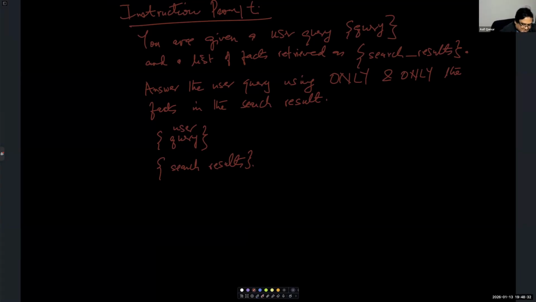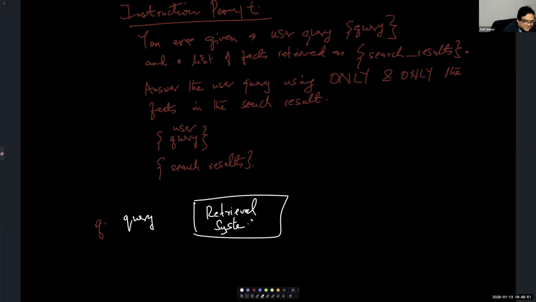So our two-step process is query, how does it look to the external world? To the external world, from a functional point of view, query goes in first to the retrieval system.